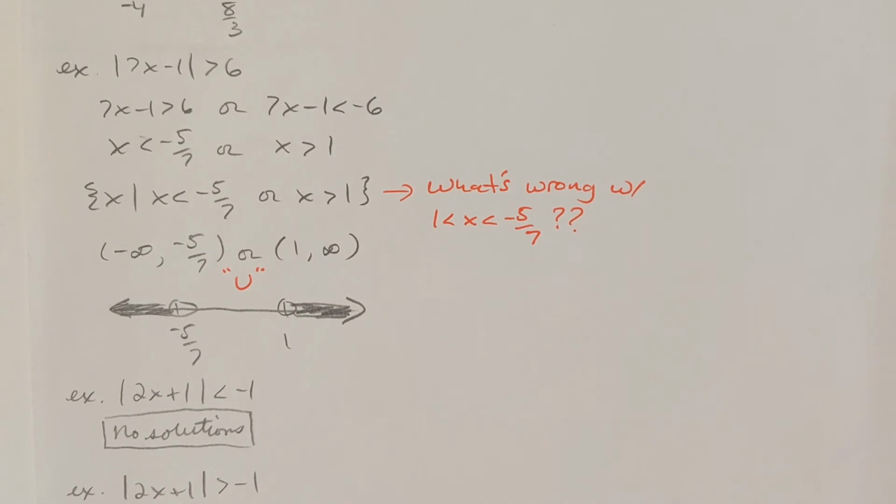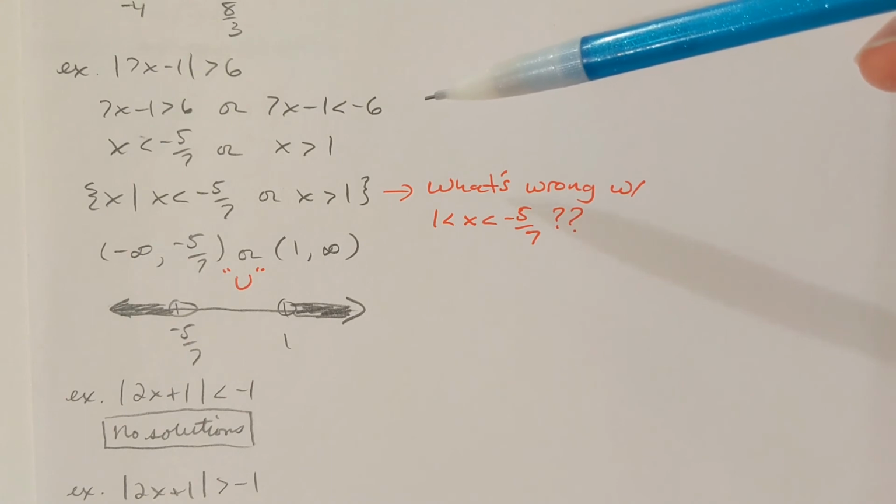Okay, so another one: the absolute value of 7x minus 1 is greater than or equal to 6. So 7x minus 1 is greater than 6, or 7x minus 1 is less than negative 6.